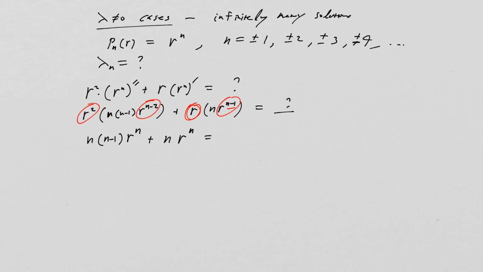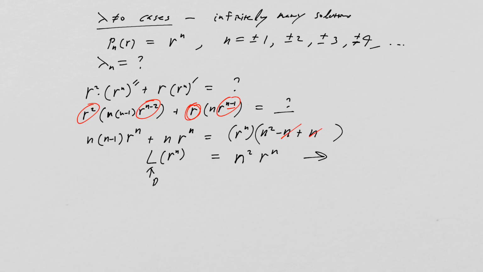All right, so now we can factor out the r to the n and see what's remaining, and that will be our eigenvalue. So it's n squared minus n plus n. We get some cancellation there. And now we have n squared r to the n power. So what we started with here was this differential equation. We'll call it L of r to the n.